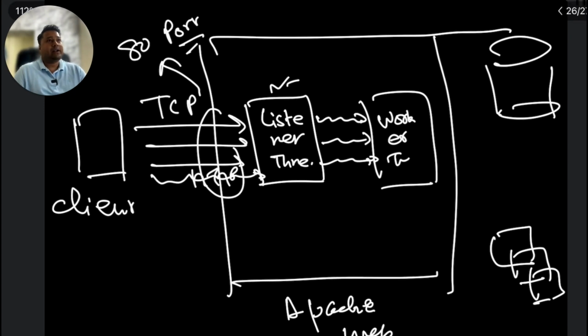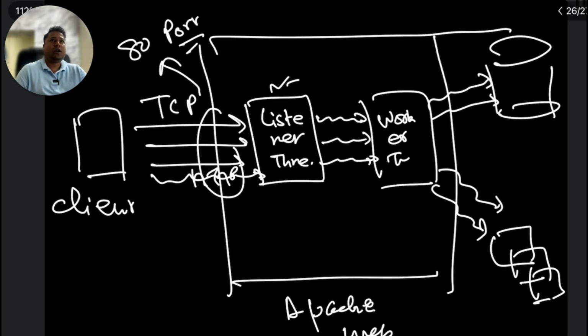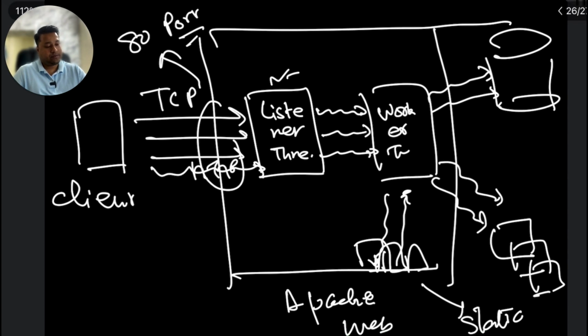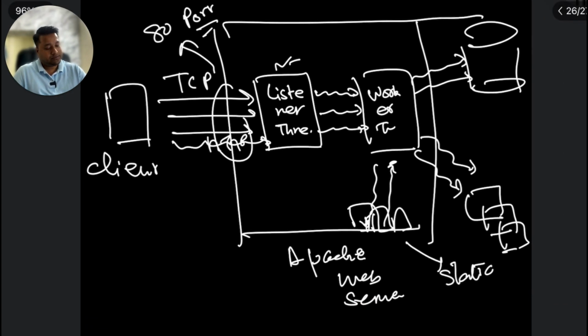So now the worker thread will take that request. Based upon the request, it may have to talk to your database, or talk to some other API service, or let's say you only have to get the record from your static files, right? These are the static files. So now it will prepare a response first here.